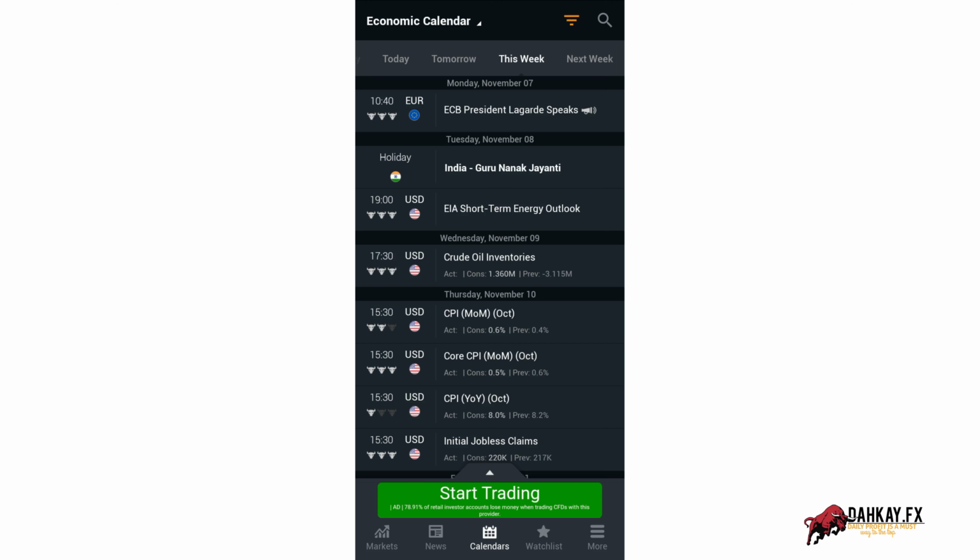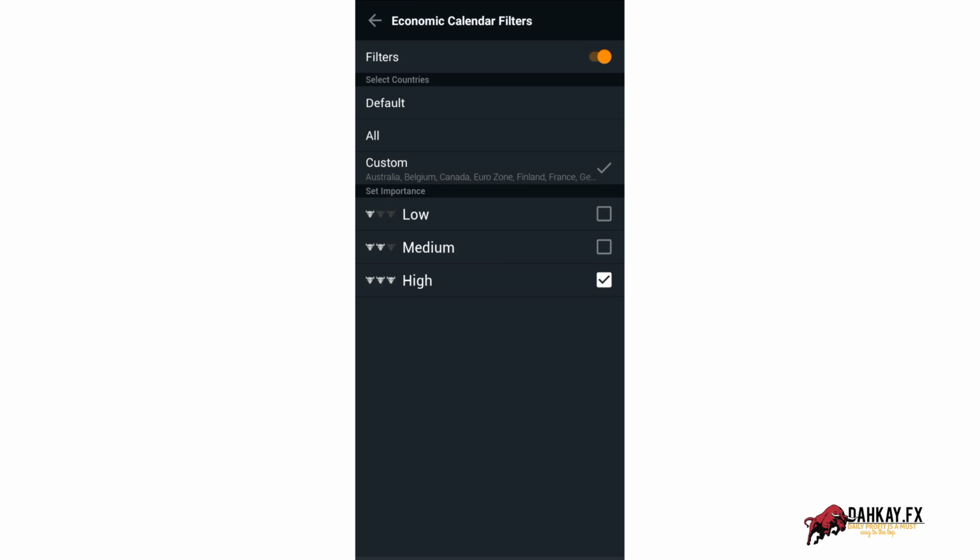Click on these three dots up here, and you'll see yours like this. Just make sure that filters is turned on, and turn off the low events and the medium events. We only need the events that will affect the market and make the market volatile. Once you leave it on high, it will show you the big events only.